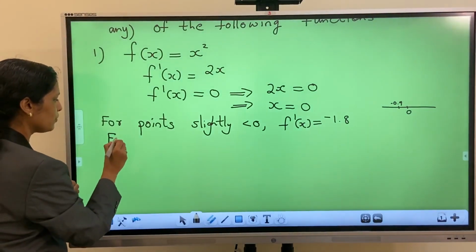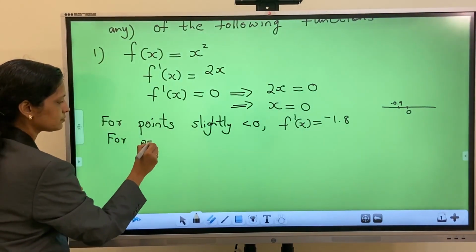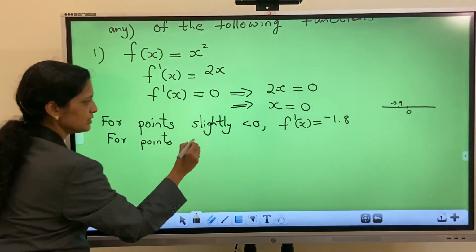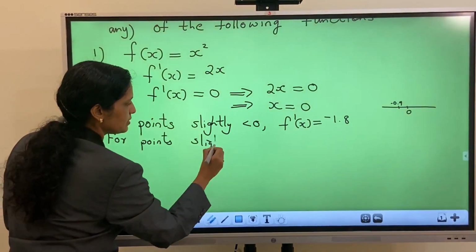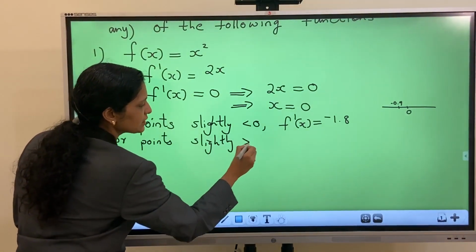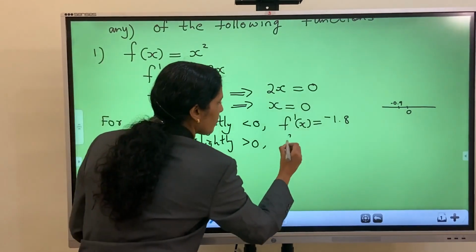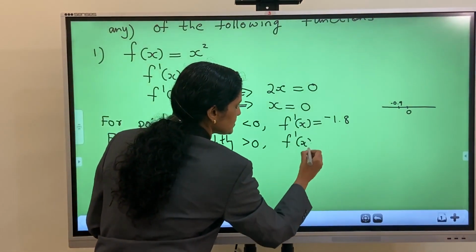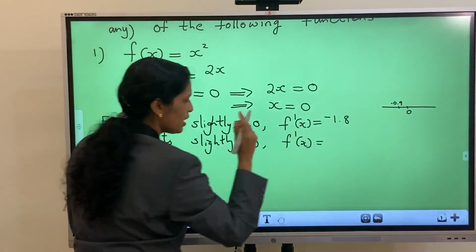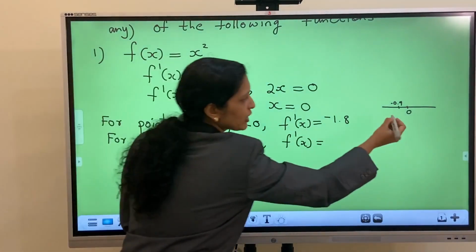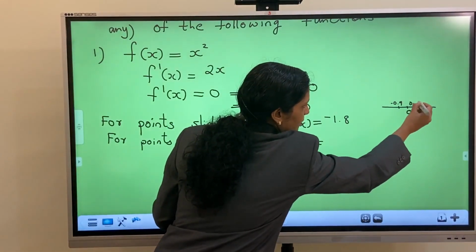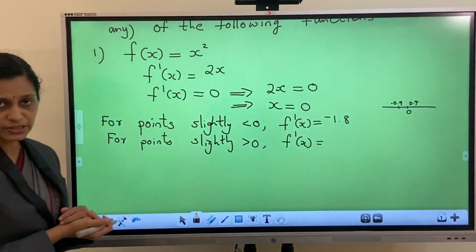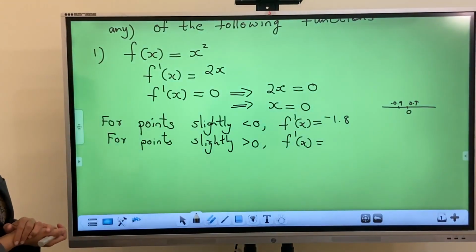Next I am going to take points slightly greater than 0. f dash x is equal to, and greater than 0 means we can take 0.9. It is also very much close to 0 and it is greater than 0.